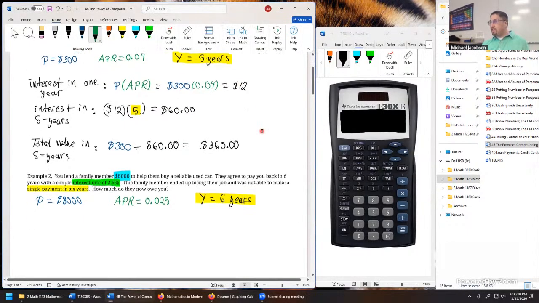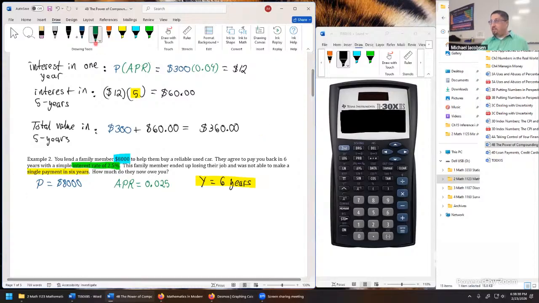Okay, well, let's put this together. If we follow the same pattern of attack as before, again, if you like, you can just combine these 2 steps, but it doesn't hurt to break it down a little bit more. Interest in 1 year will be take the principal and then multiply it by the APR written in as a decimal.